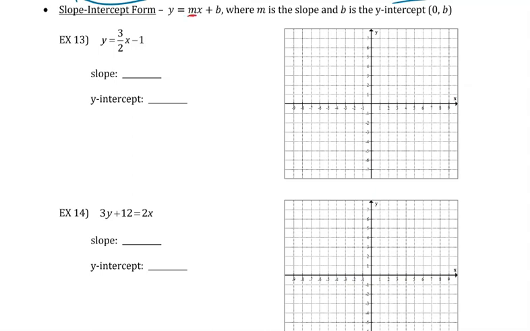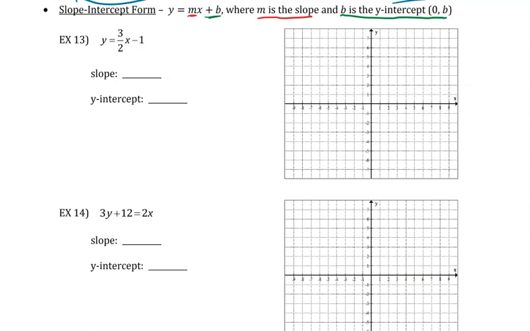M, the number with x, is the slope. So as long as y is solved for and it's in this form, it just tells you the slope right away. B is the y-intercept, specifically (0, b) would be the y-intercept. So again, it just tells you that information.